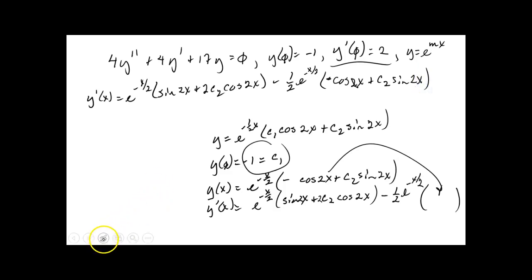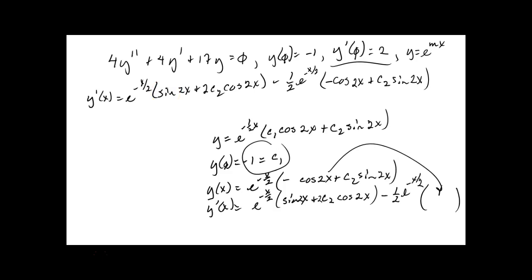Okay. Let me see if I can make this look a little bit better. All right. Now, I guess there's probably some way you can simplify that a little bit, because here you have an e to the minus x over 2 sine 2x.